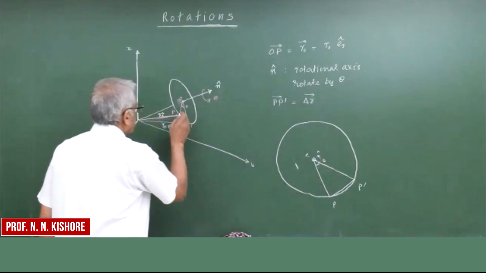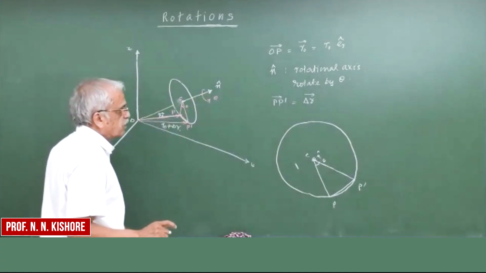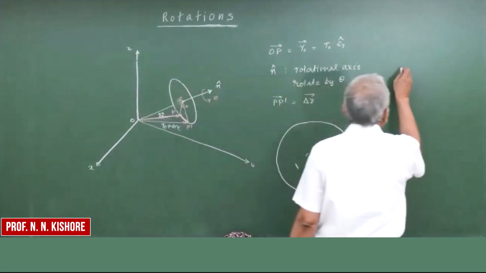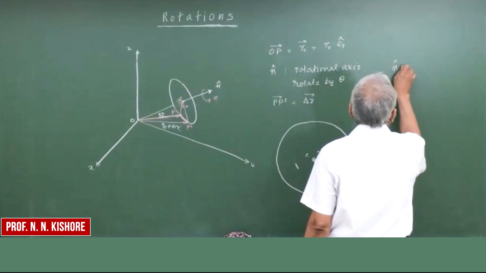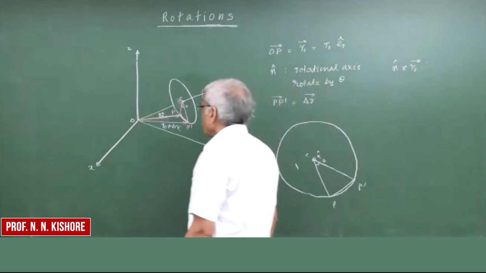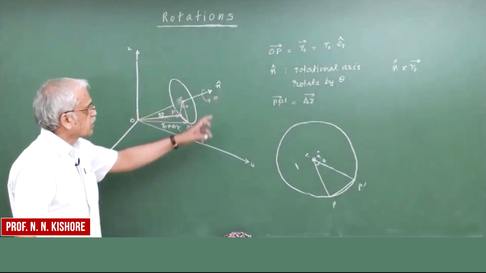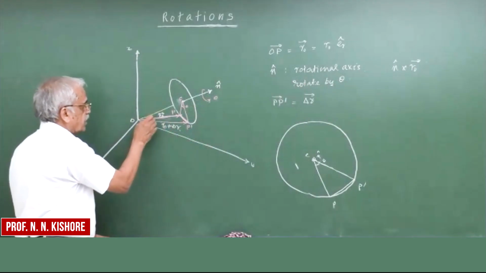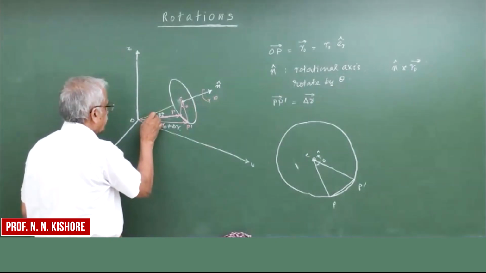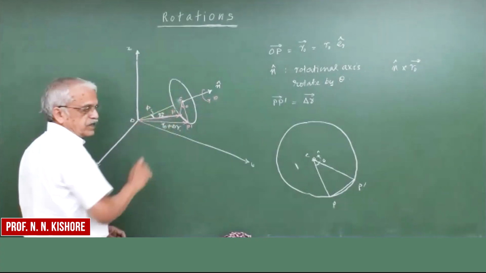I'll ask you a few questions. What do you think of this N cross R naught? If you take the cross product of N with R naught, there is some angle phi between these two.